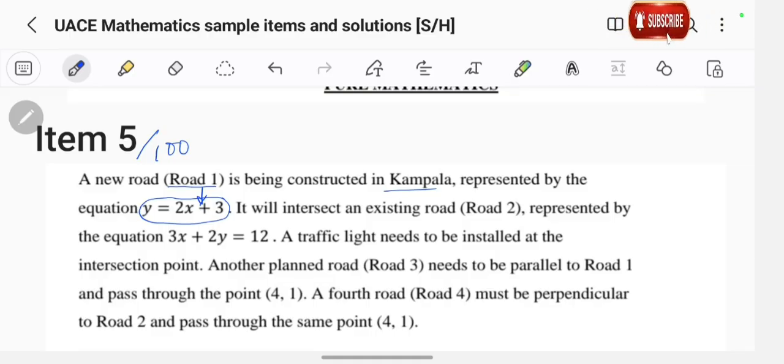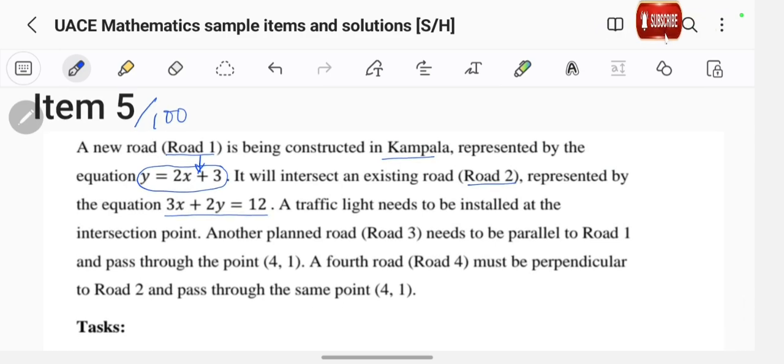It will intersect an existing road, which is road 2, represented by this equation. A traffic light needs to be installed at the intersection point of those two roads.